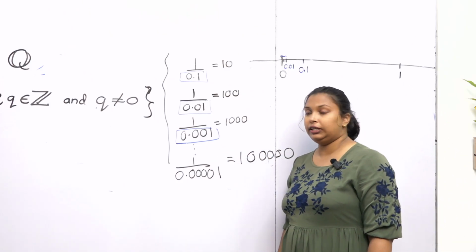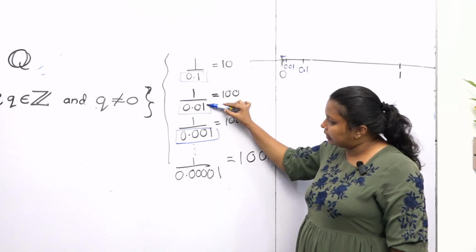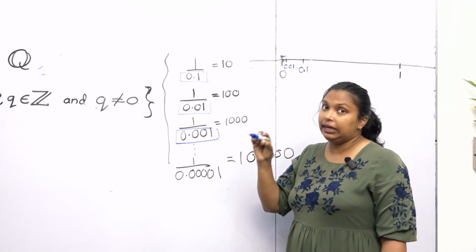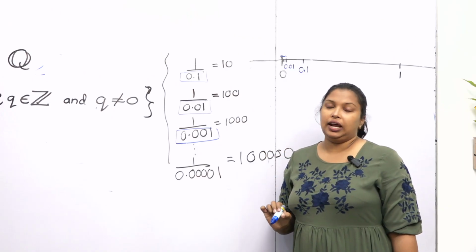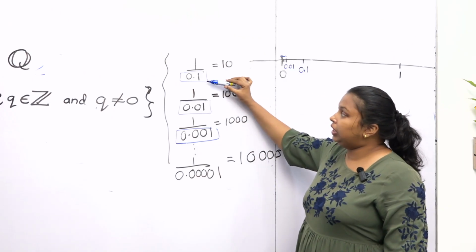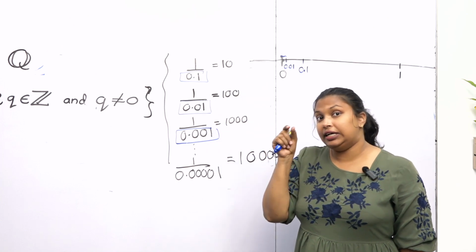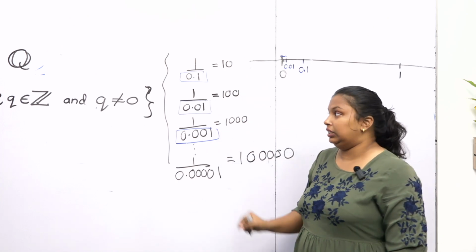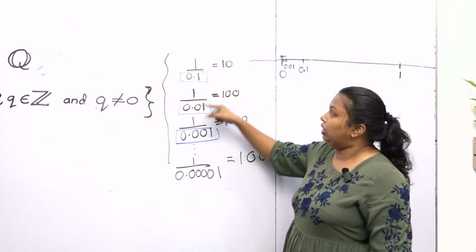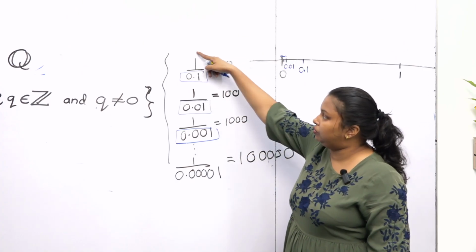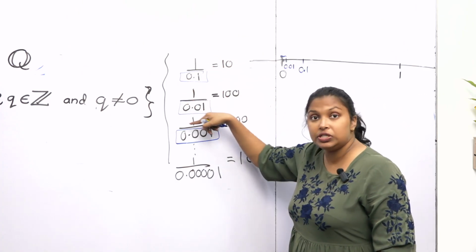Now do you understand? The value of the denominator gets closer to 0, right? We say the denominator tends to 0. What happens to the overall value of the fraction, I mean 1 over 0.1, 1 over 0.01?